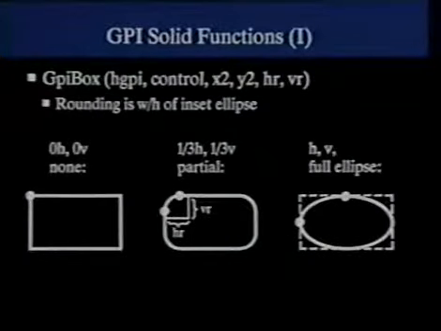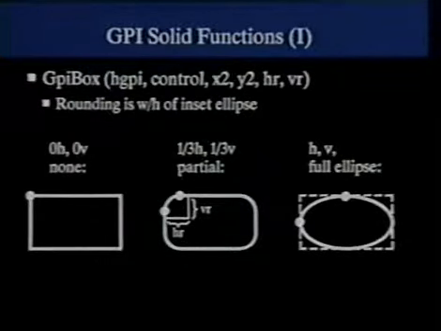The GPI solid functions begin with a box primitive, where the box primitive, as illustrated on the slide, includes control over whether or not the corners of the box are actually going to be rounded. What you do is you provide, first of all, a control specifying whether or not you want rounding to be performed, and the additional parameters, HR and VR.